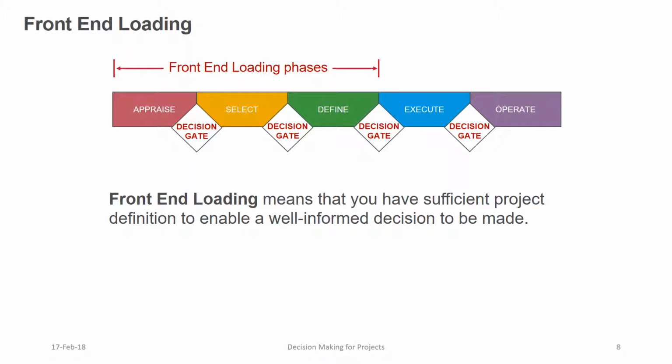Putting this another way, front-end loading does not occur until you're ready to make a good decision, i.e., you have achieved good for each of the 6 dimensions of a good decision as described in the previous training video. However, for front-end loading, there is a particular emphasis on the 4th dimension, i.e., ensuring that you have all the necessary information before making a decision.